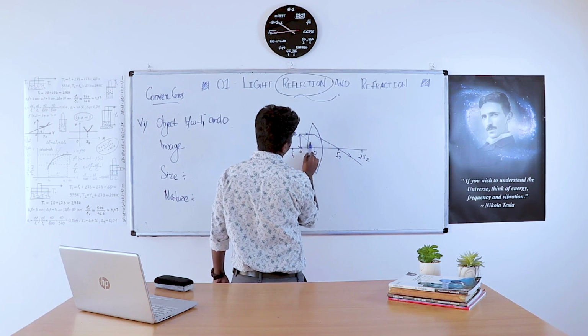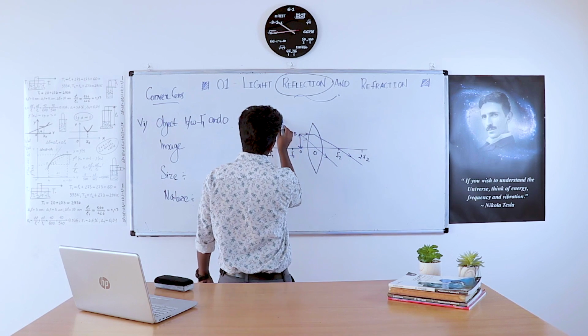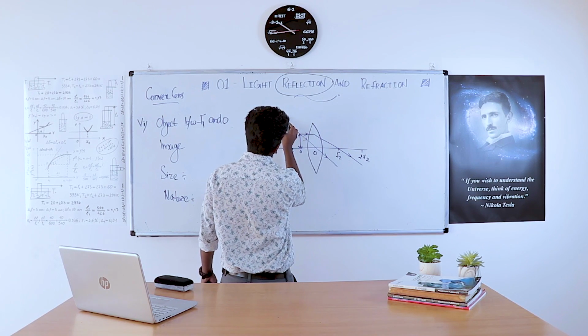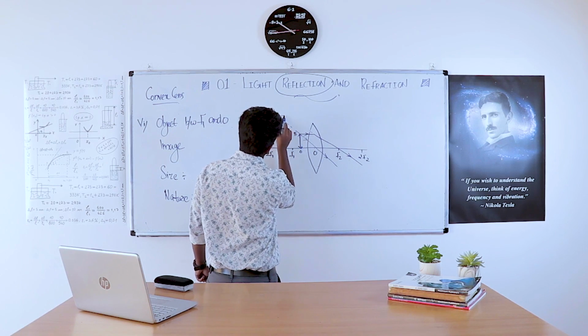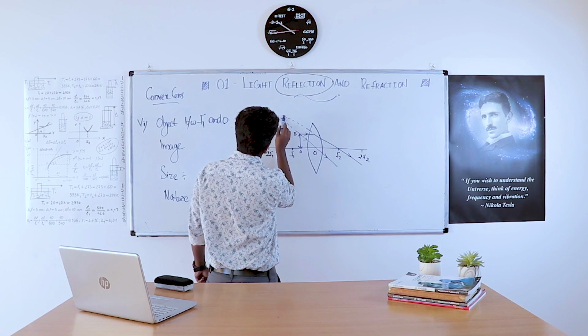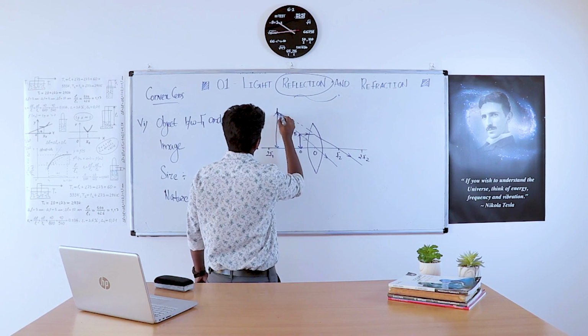Then a ray of light passing through the optic center passes through without any deviation. When this is extended to the back side, it will meet here.